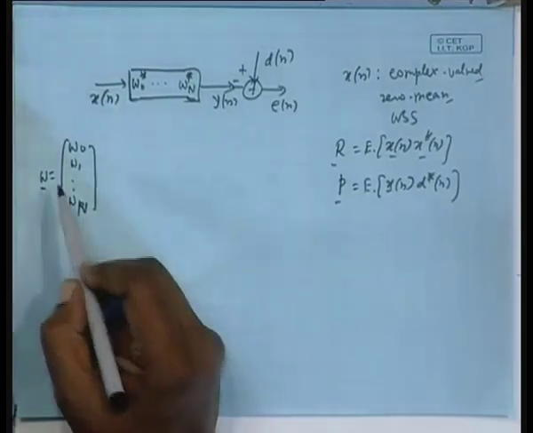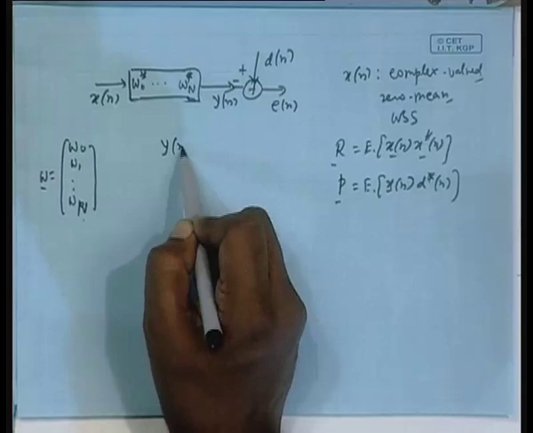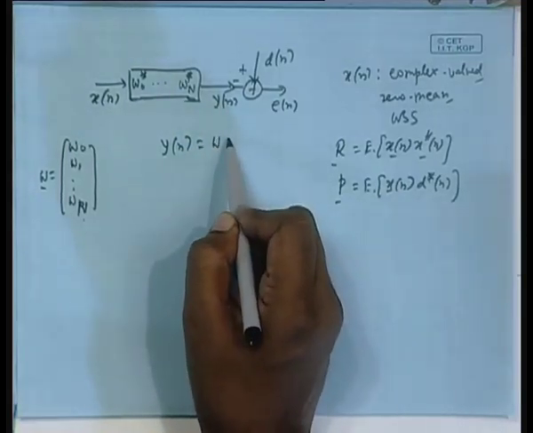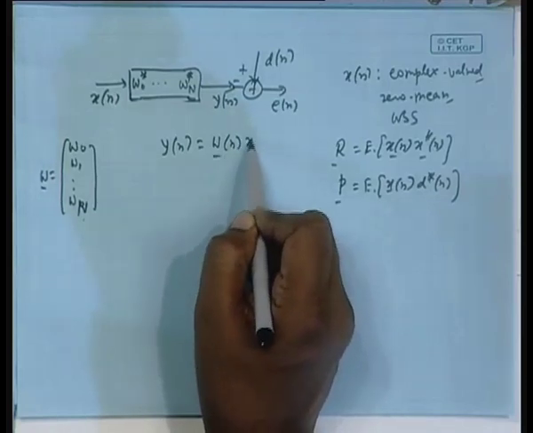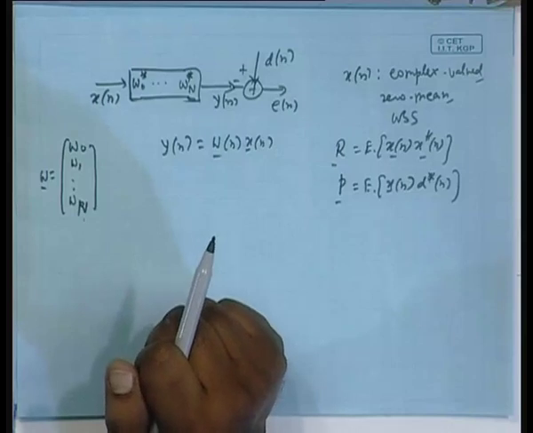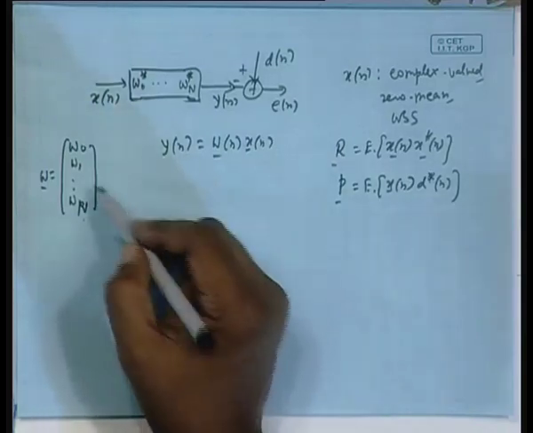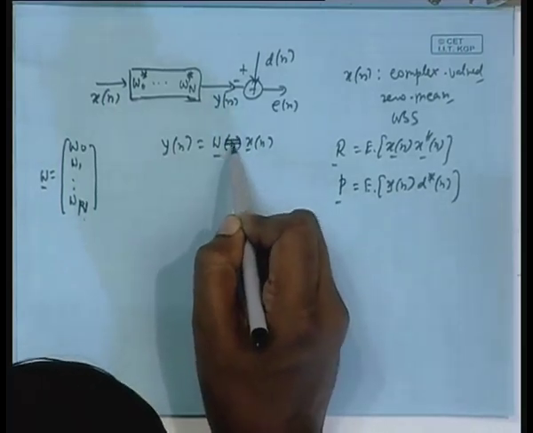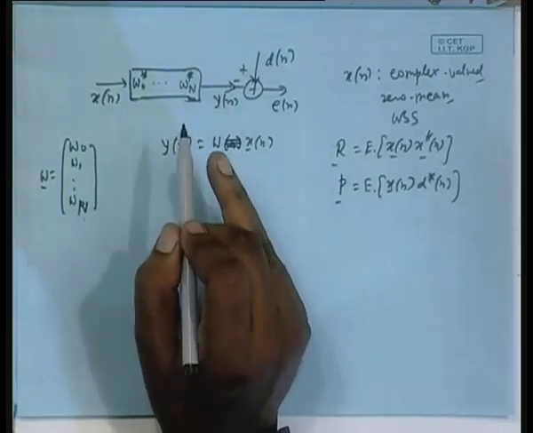So, that means if this is W, what is Yn here? Can you tell me? W what times Xn? W Hermitian times Xn. That is the thing I want to do actually. If I call this W, in fact, let me not bring n here, because so far it is not adaptive.